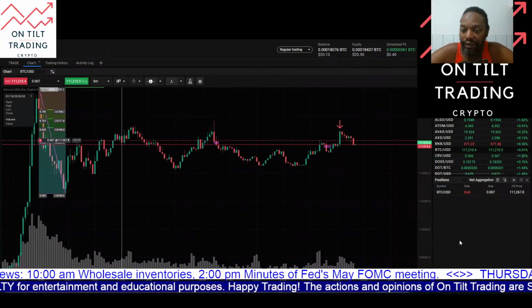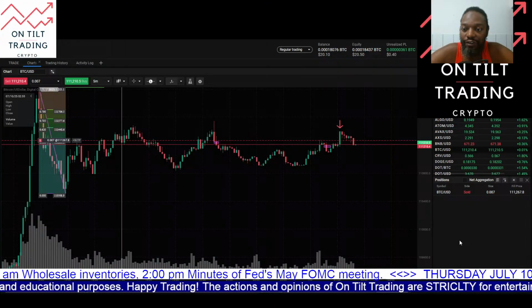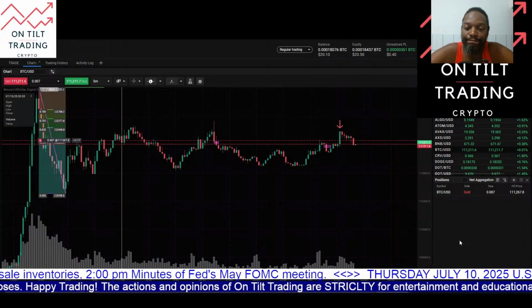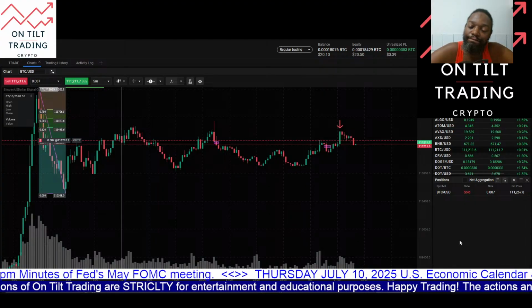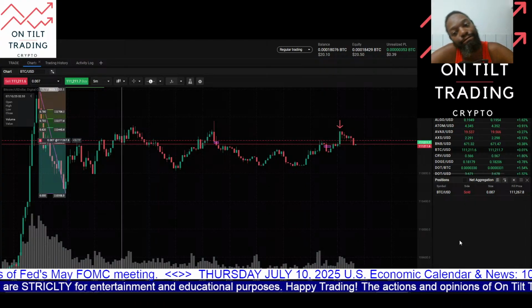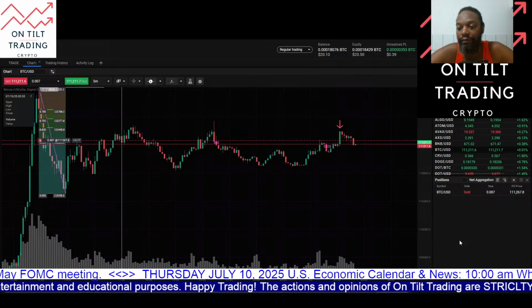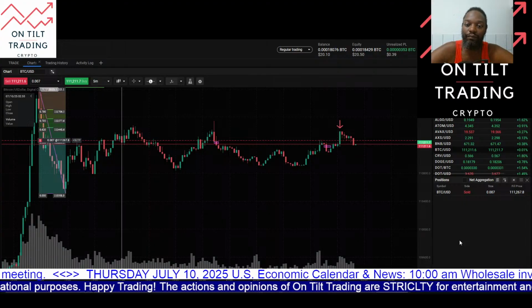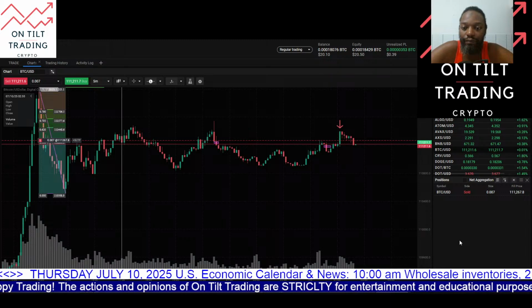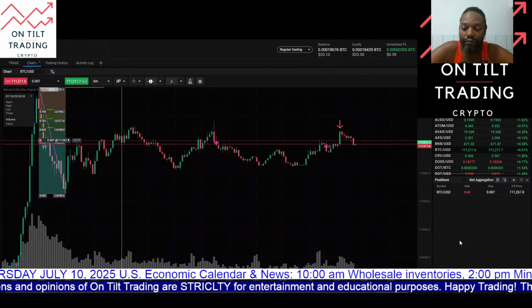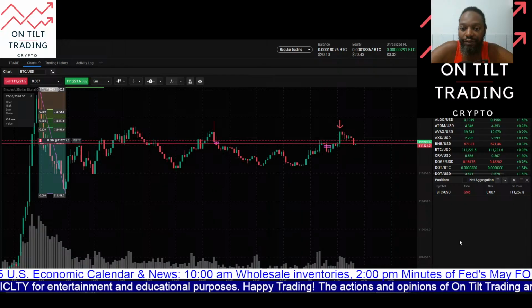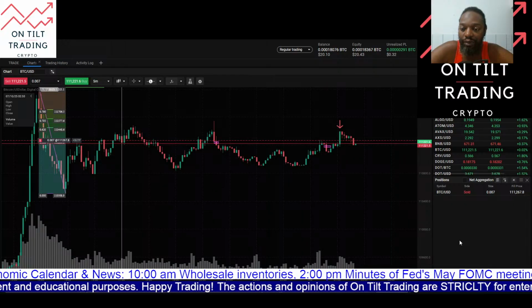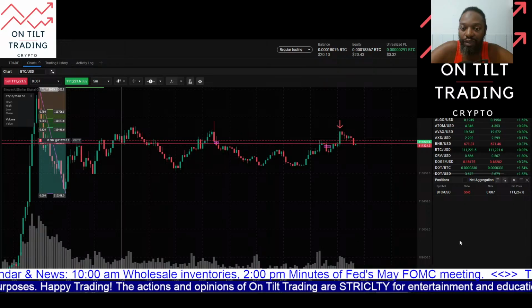New 5-minute candle. Some consolidation here. Some buy side delivery. Price trading near the 111,220 level.